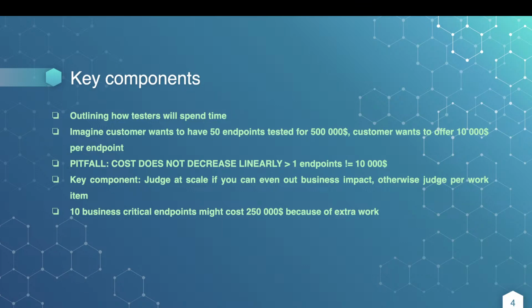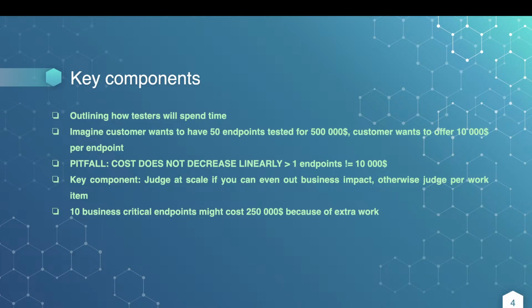You need to take full scope into account. 10 business critical endpoints might cost $250,000, which is 25K each instead of 10K, because they might be massive endpoints. That is what I'm getting at. Every endpoint should individually be judged, and you cannot make that linear distinction.